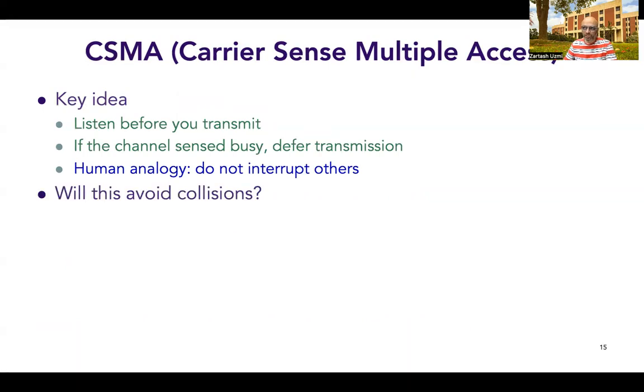Will this avoid collisions? Maybe yes, but what happens if there are 2 people at the far end of the room, and it will take some time for the audio to travel from one end to the other end, and the other person also starts talking? So this may avoid collision in most cases, but collision may still occur.